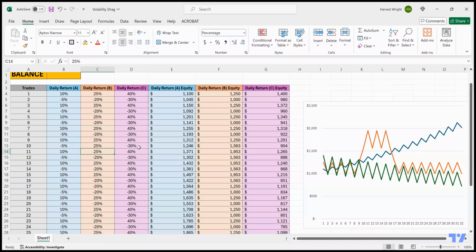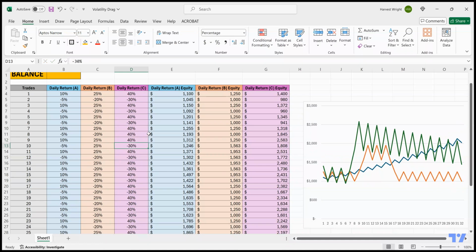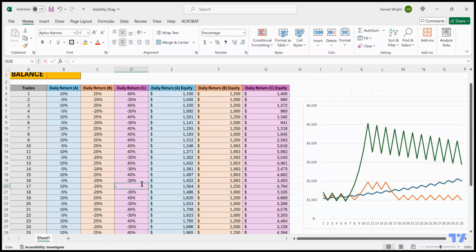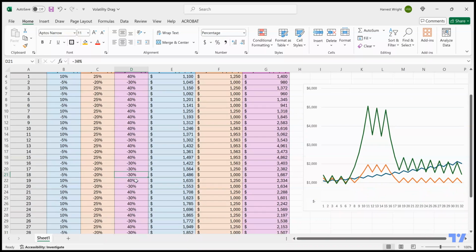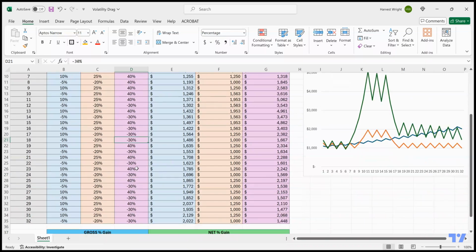So let's see trader C. Let's say he gains 40%, 5 times in a row, and then he loses 30%, which would be the green line, right? He loses 3 times in a row.